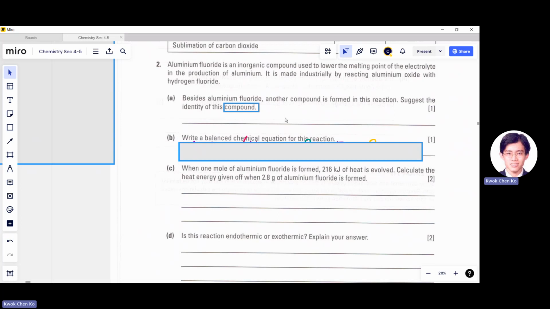Al2O3, right? Yes, must know that. If not, you can't form your equation. Oh my god, I'm wrong. The one mole of aluminum fluoride is from 216, is 2.8 aluminum fluoride.